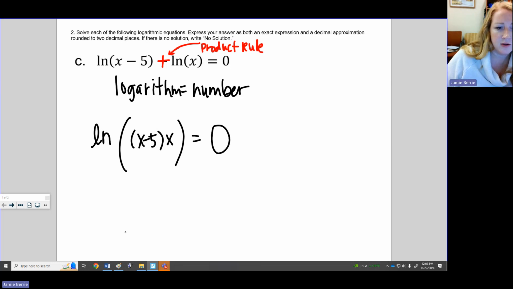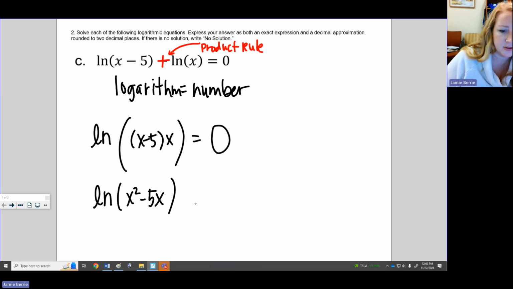Now you can go ahead and multiply this out if you want to, which I think I will. That'd be x squared minus 5x equals 0. But now I've got a single logarithm equal to a number.